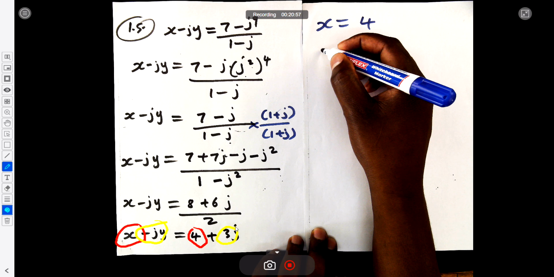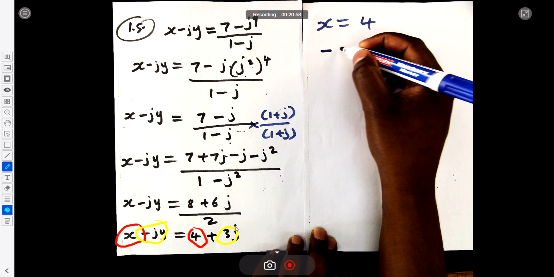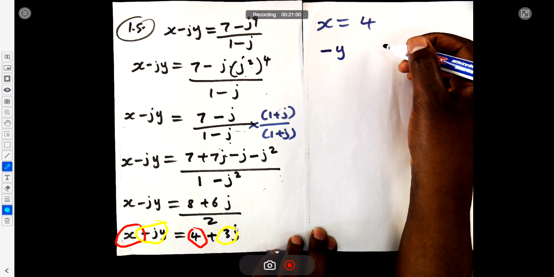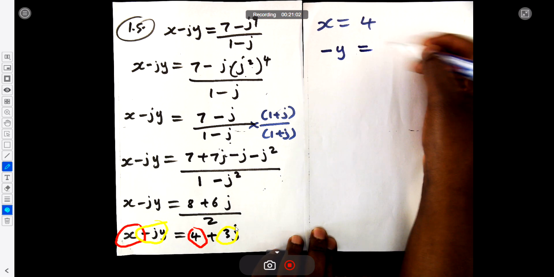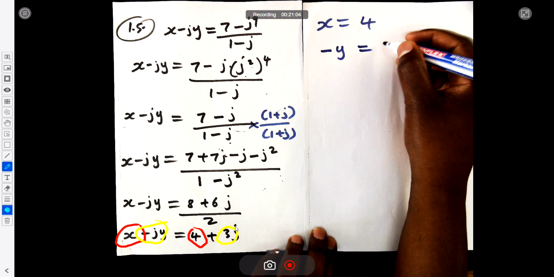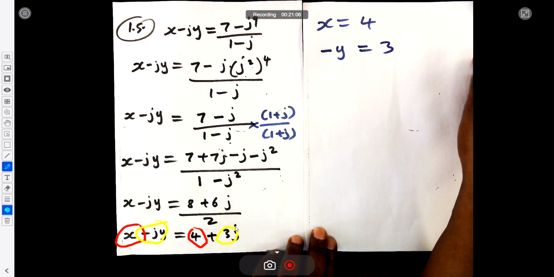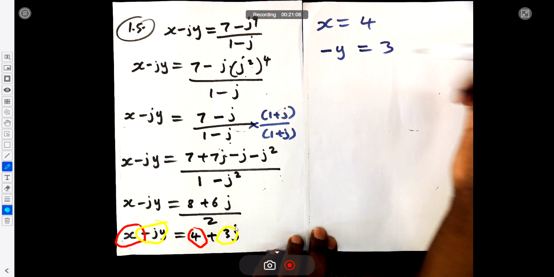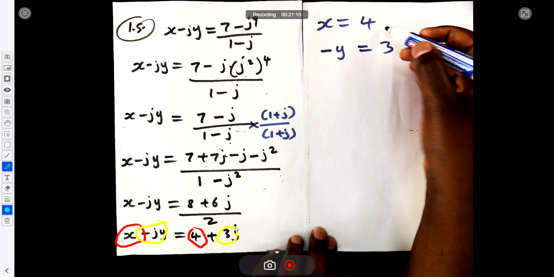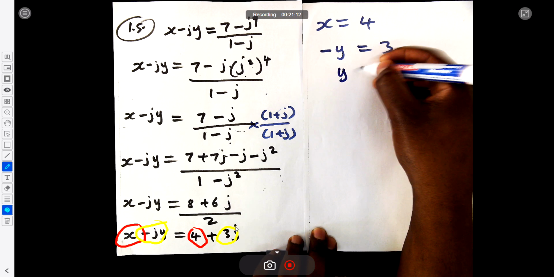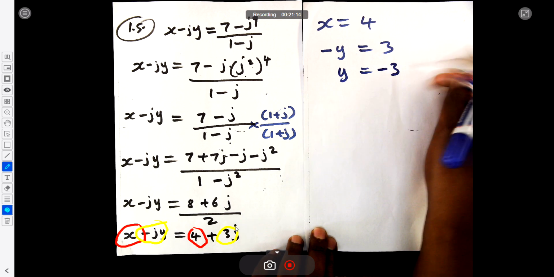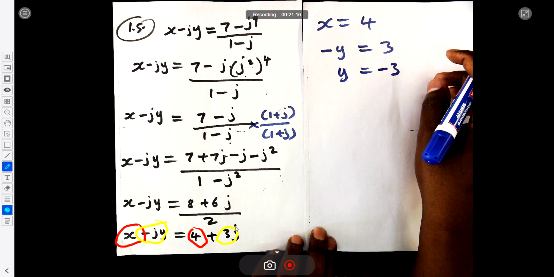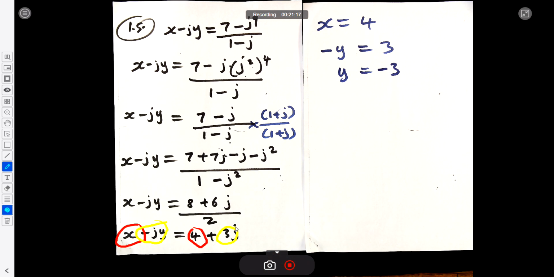And the coefficient negative y is equal to the coefficient of j on the right hand side, which is 3. So therefore, x is equal to 4, but y we need to make sure we simplify fully because it's equal to negative 3. So we have taken the common coefficients of j's and solved both sides.